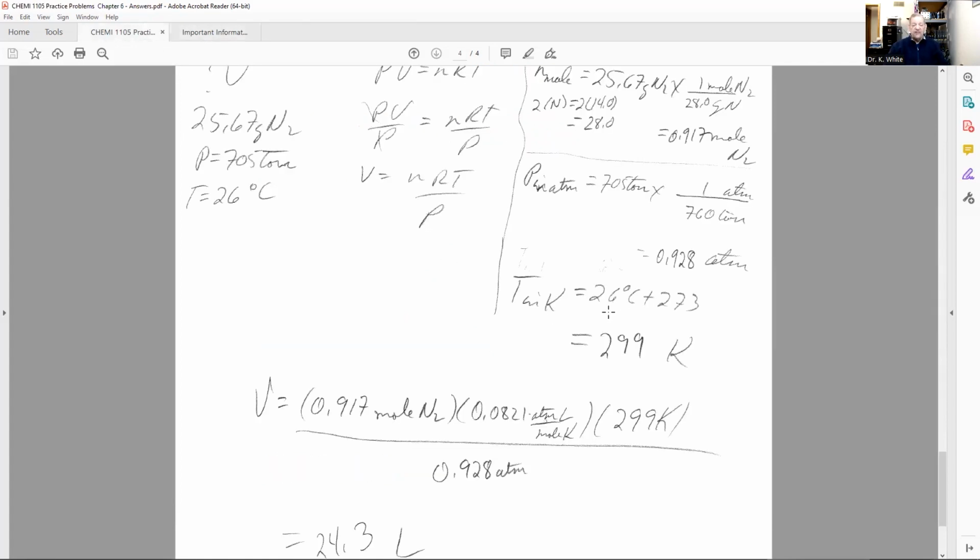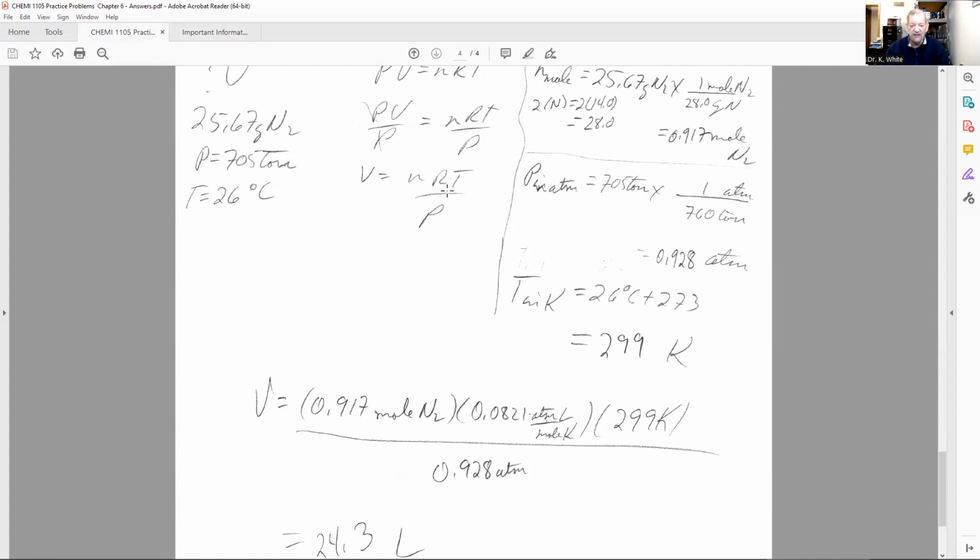So my temperature in Kelvin is degrees Celsius plus 273 equals that. Remember, since 273 is an exact number and we're adding, 26 has 0 numbers to the right of the decimal. My answer has that.